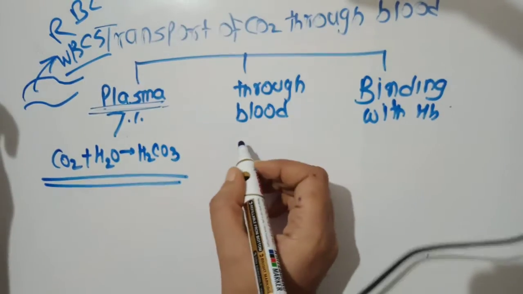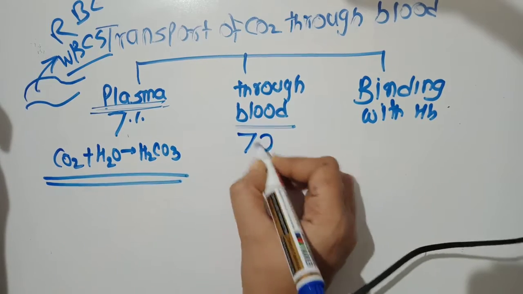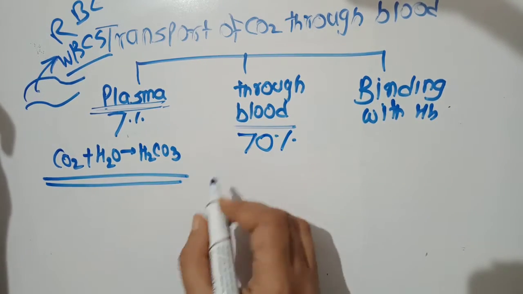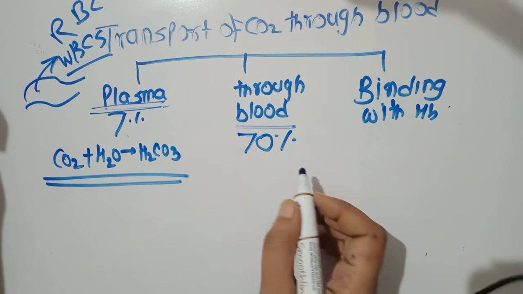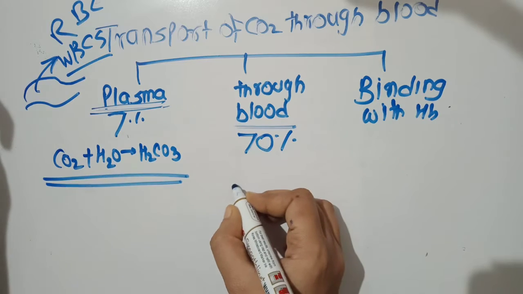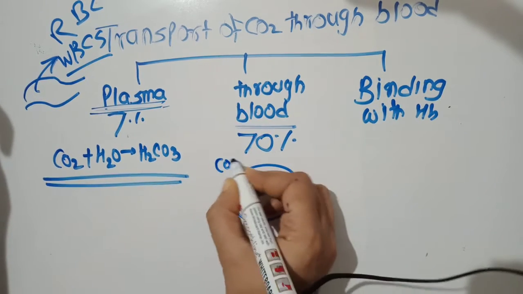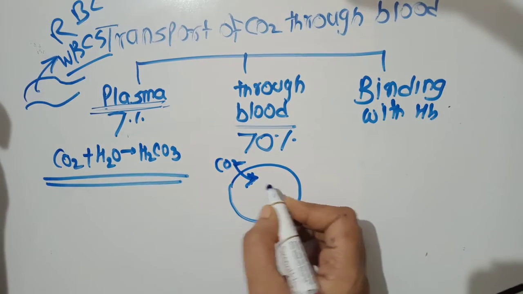But in blood, nearly 70% of this carbon dioxide diffuses from plasma into blood. First it diffuses into plasma, then it diffuses into blood. From the blood, the carbon dioxide diffuses into the RBCs.